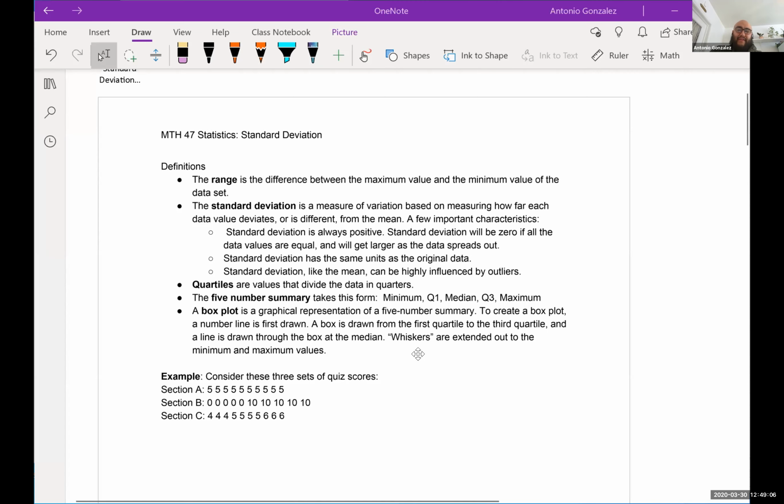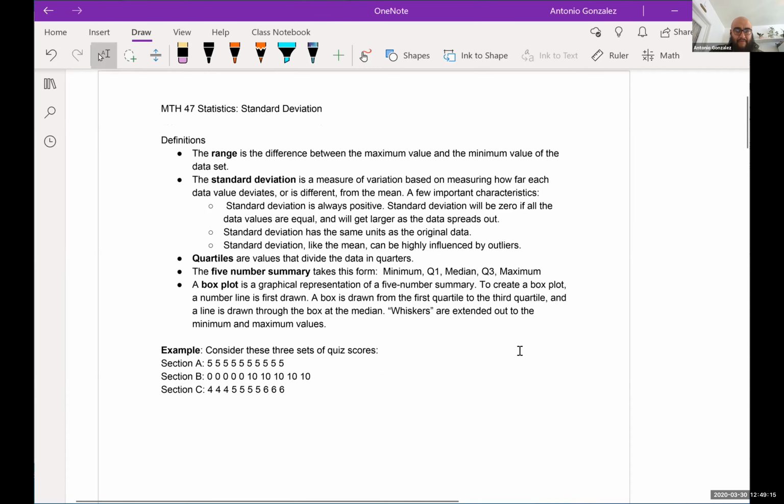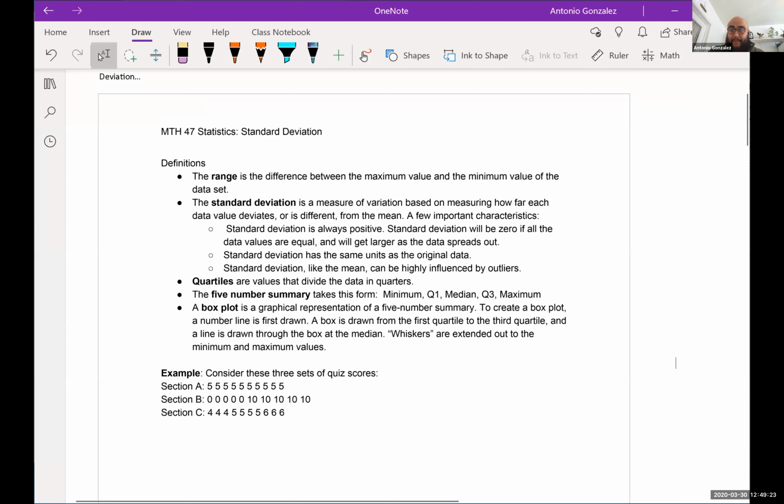Okay, so now let's try to get through, or at least start, our standard deviation topic here. If you look at our notes here, again, you can find a copy of these on Canvas. So previously, we started off describing data as a visual representation, right?